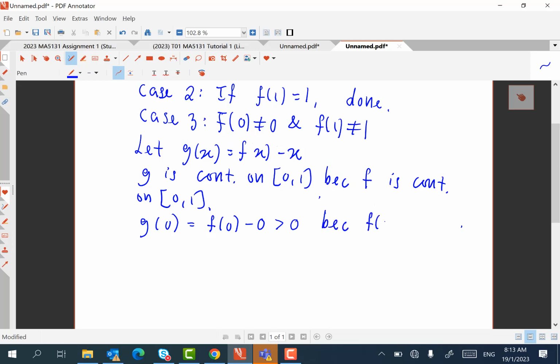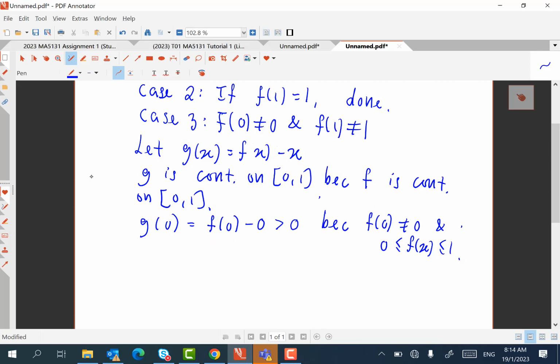Because f(0) is not 0, and we have the condition that f(x) is between 0 and 1, therefore f(x) has to be more than 0, and f(0) is more than 0. So this portion here, you're left with f(0), but as I told you, because it's not 0, it must be more than 0.